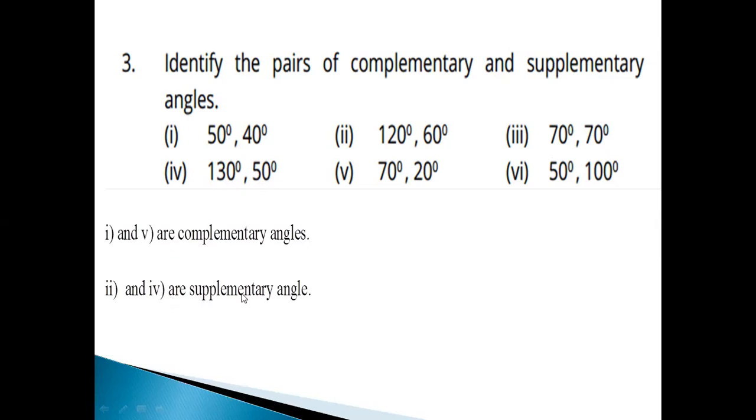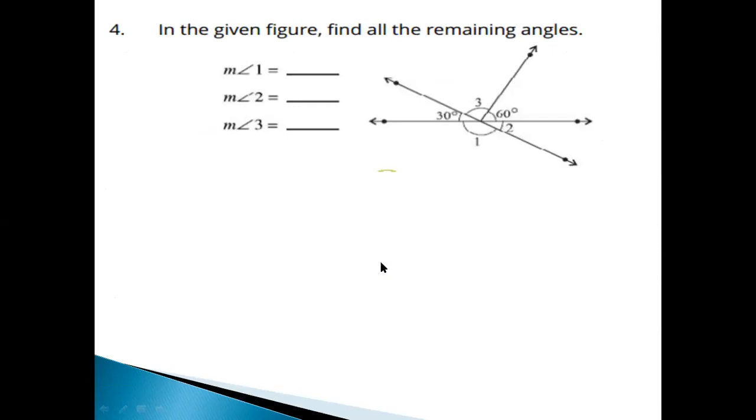So the second and fourth are supplementary angles. Look at the fifth part, 70 plus 20, you get 90 when you add them. So 1 and 5 are complementary angles. 50 and 100, that is 150, it's neither complementary nor supplementary.